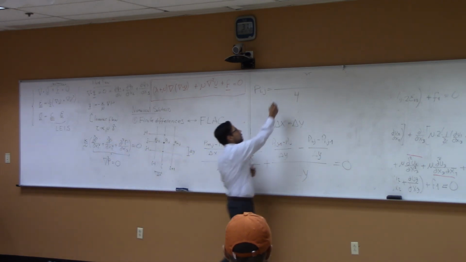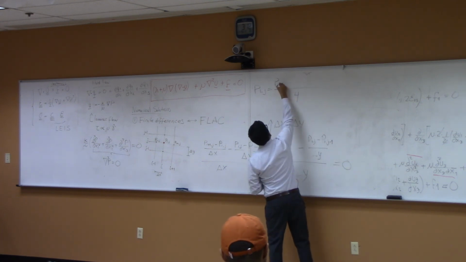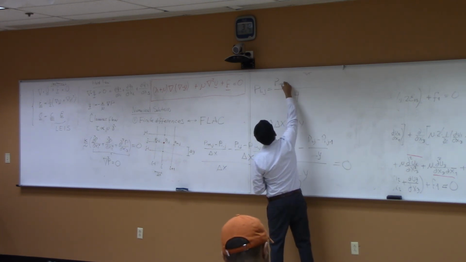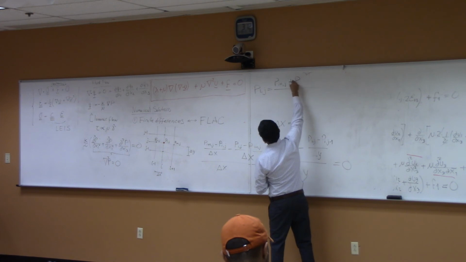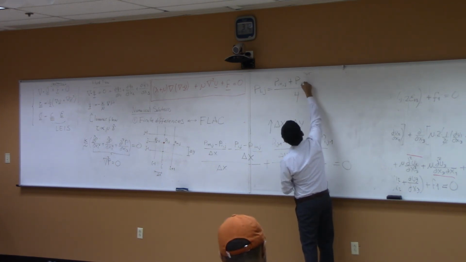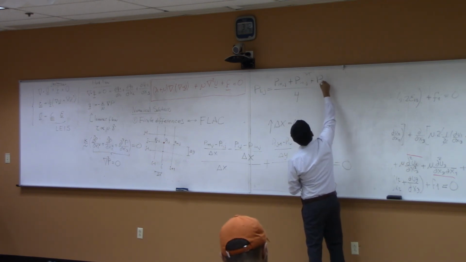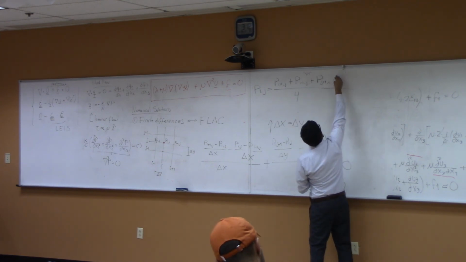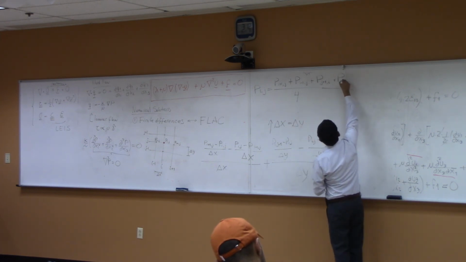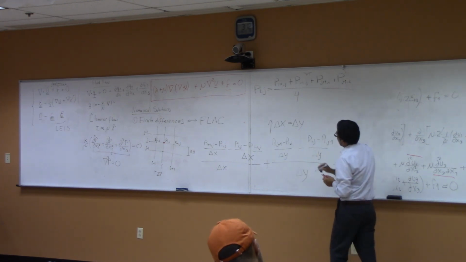And if you look at that, they repeat just once. So Pi plus 1 j plus Pi minus 1 j plus Pj plus 1 i plus Pj minus 1 i.